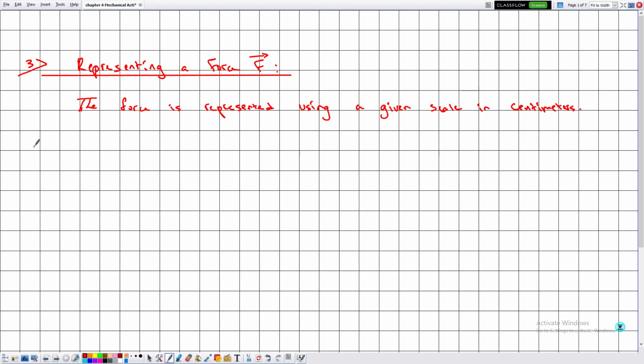So let's consider the following example. Now, in order to represent the force, first we need to consider the properties of the force.